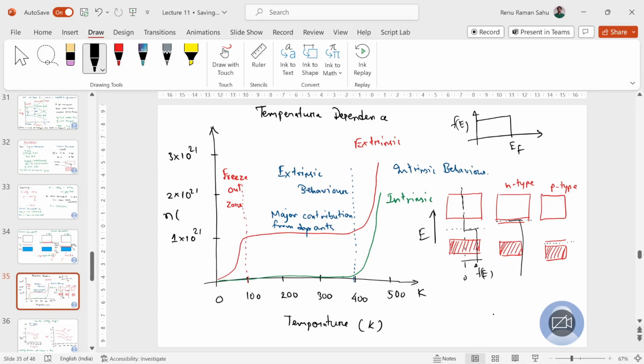This is your Fermi energy, this is F of E, 0 and 1. Are you able to follow this diagram, what is going on here?